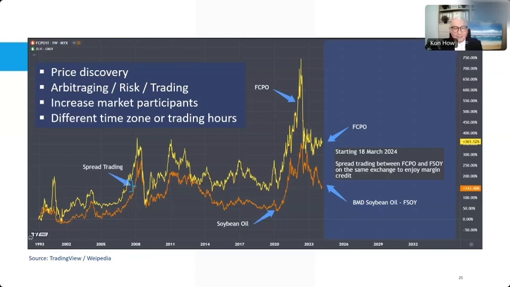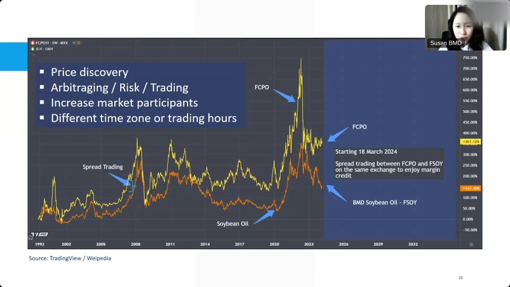Yeah, maybe I can add on the correlation. It will be the correlation between the FCPO and the DCE soybean oil. You can get DCE's daily data either online or from information vendors, Bloomberg, Reuters, Refinitiv.